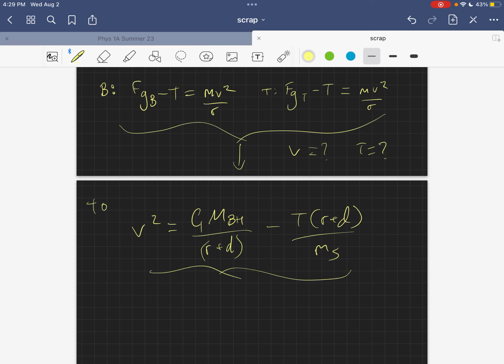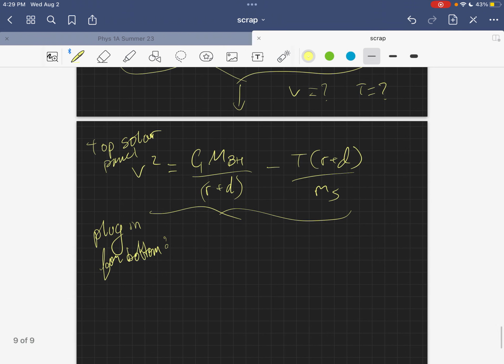So I solved for the top satellite here, or solar panel, sorry, solar panel. And I'm plugging in to the equation for the bottom. And if you do that, you should end up with something that looks like this.